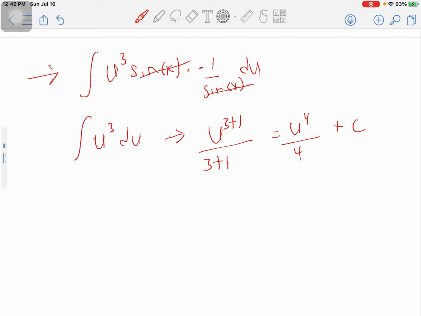And therefore, remember that we said let u equal cos of x, and for that matter, we need to replace it, and you are going to get cos of x all power 4 over 4 plus c. And don't forget that there is a negative attached to this, so the negative is here. So don't forget that.